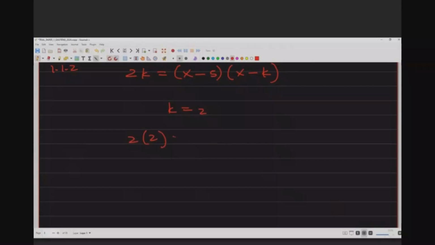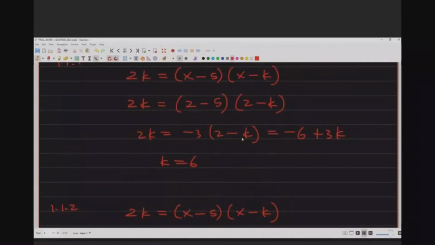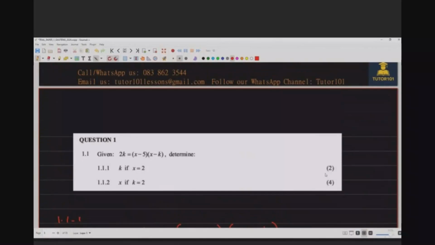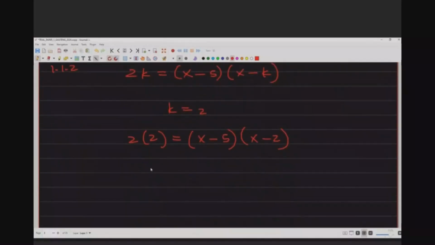This is 2 times 2, and this is x minus 5, and x minus 2. Right, so note here that this is a formal question, meaning that we expect to do a bit more work in comparison to question 1.1.1. This is 4. And this can be simplified to x squared minus 7x plus 10.